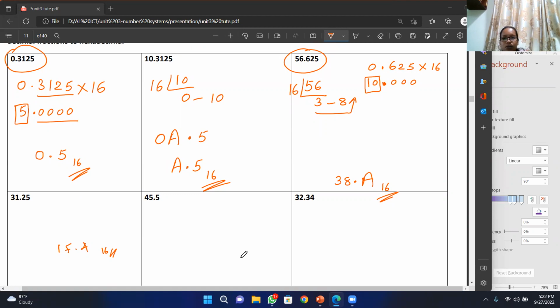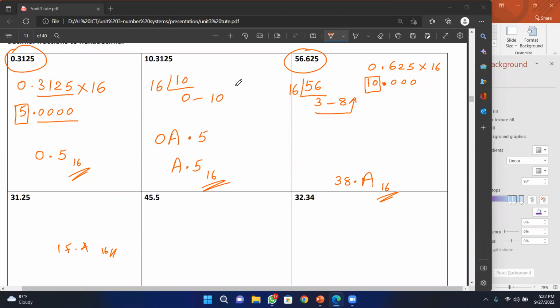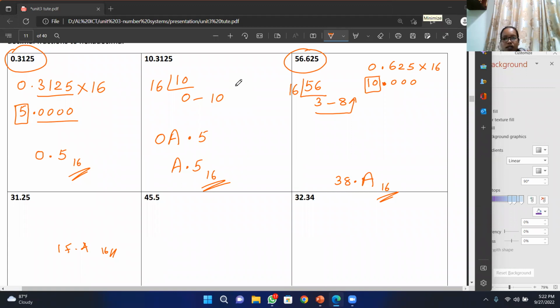Yes, I will do. 2D.8, that is for what, Rahik? 45.5. I got 2D.8. Rahik also has taken it. Zainab has also taken it. Right.